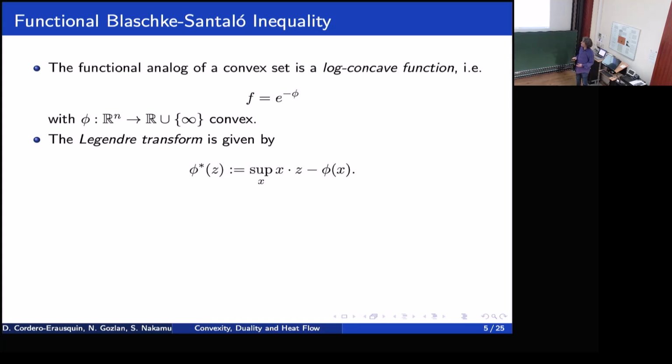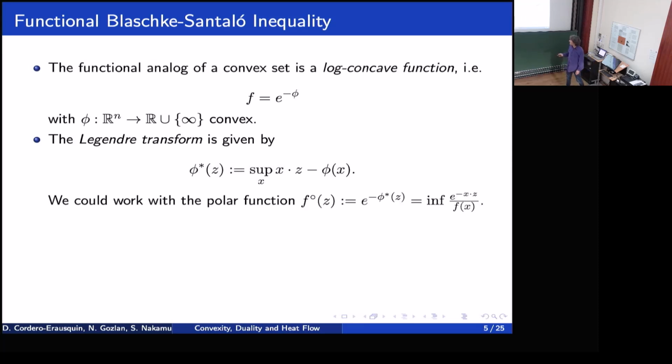And actually, you can also define the same operation at the level of log-concave functions. This is really a matter of taste. I prefer to work with convex functions, but if you prefer to work with log-concave functions, you can define the polar of a log-concave function by this formula, which means that you take exactly exponential of minus phi star. I will keep the convex function.